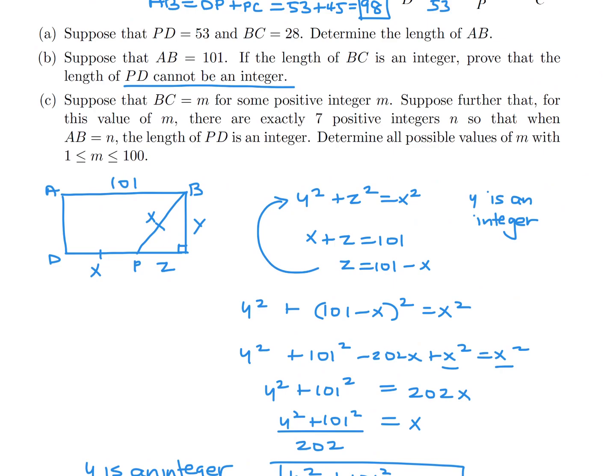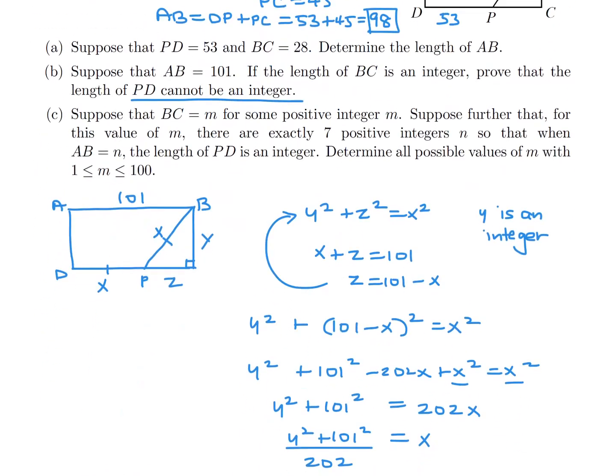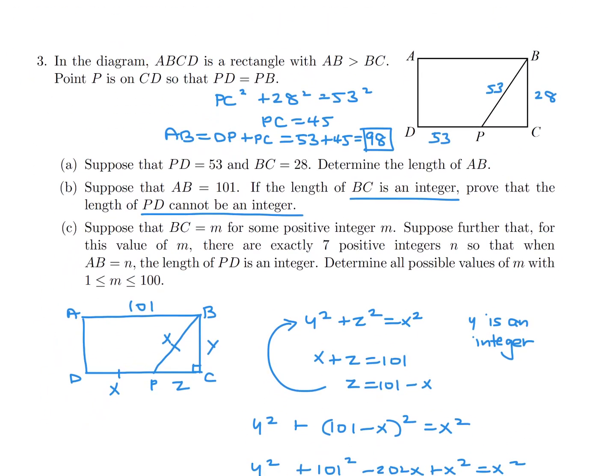The length of BC is an integer. So the BC was denoted by y. Okay, and BC, let's see here. Anything else?